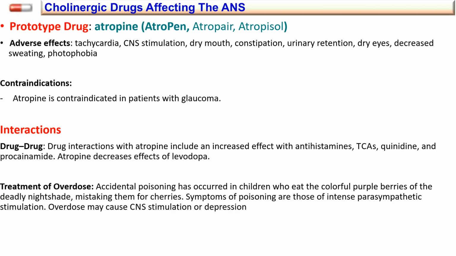Treatment of overdose: a short-acting barbiturate or diazepam may be administered to control convulsions.